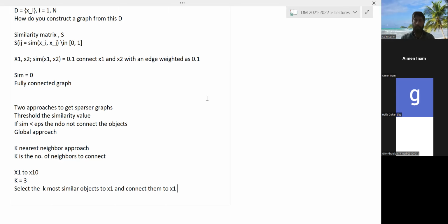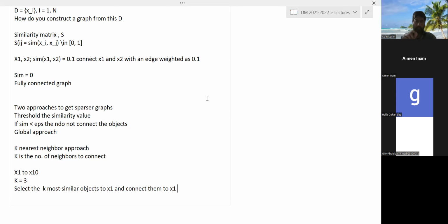So k is now a parameter here, just like the similarity threshold epsilon was a parameter in the previous case. Now for each node in your graph, the degree of the node would be 3.